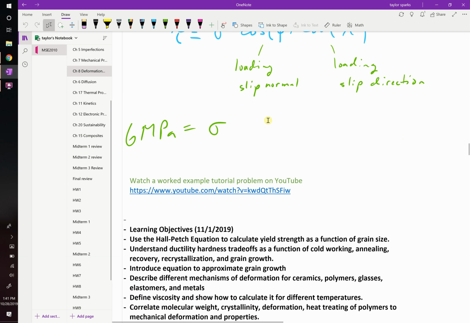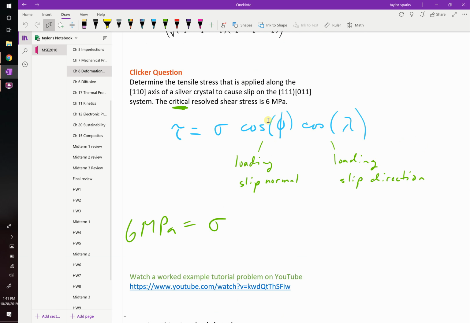Okay, let's do this one. A dot B, what would A dot B be? Let's write these out. We've got 1, 1, 0 dot the slip normal, which is 1, 1, 1. And for the other, the loading direction 1, 1, 0 dot 0, 1, 1. Everybody with me so far? This hopefully is familiar.